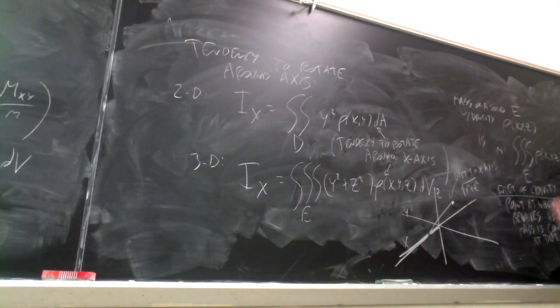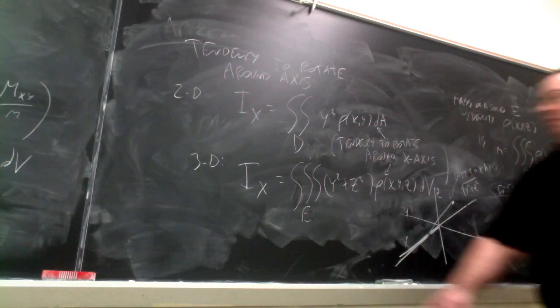Sorry if I flubbed this up the first time I mentioned it, but what I've written on the board is correct. We could have similar things like I, y, and I, z for the tendency to rotate around the y-axis or z-axis in three-dimensional space.